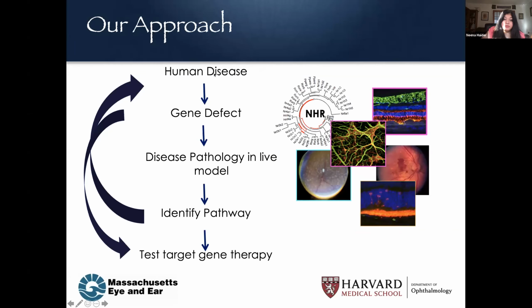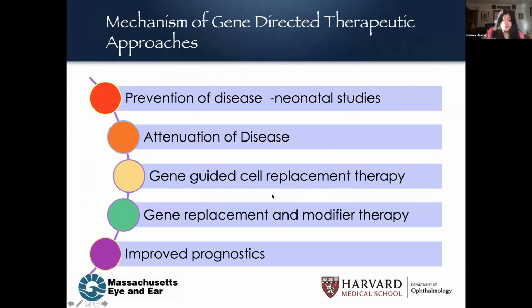So in our approach, we start with the human disease gene, look at the defect, develop in the mouse a disease model and examine the pathology of the disease. And we've spent a tremendous effort looking at gene networks and gene pathways, realizing that that mutation is within the context of the rest of the genes that are expressed in the system, and using those different pieces of knowledge to develop targeted therapeutics.